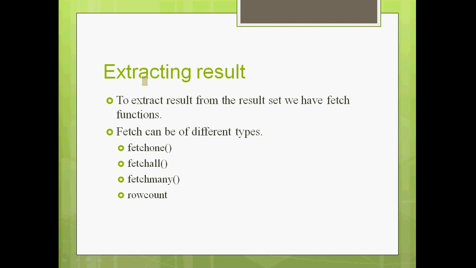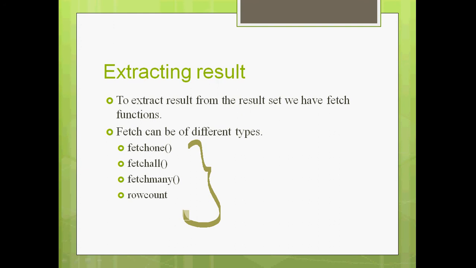Now, once the result is received in the cursor, you need to extract it. Extracting the result from the result set and printing it on the screen is a wonderful job. You can do this using any one of these fetch statements. The data is already there in the result set, and you can extract it using the cursor.